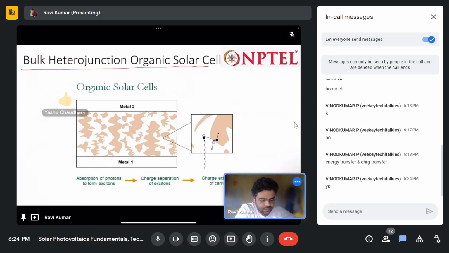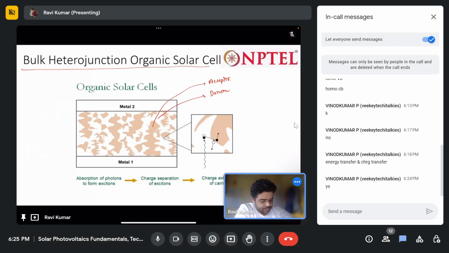Yes, okay. So what happens in the case of the bulk heterojunction organic solar cell? See, this is our donor and this colored one is the acceptor. By making this bulk heterojunction solar cell, we are making sure all the charge carriers that are generated are collected efficiently.